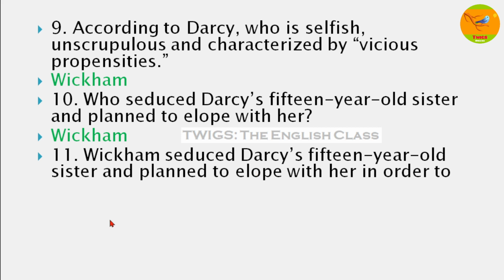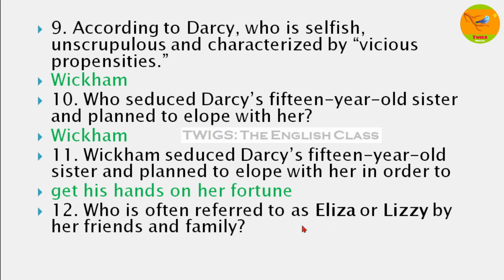The reason behind his plan was to get his hands on her fortune. Fortune means money, wealth, property, etc.